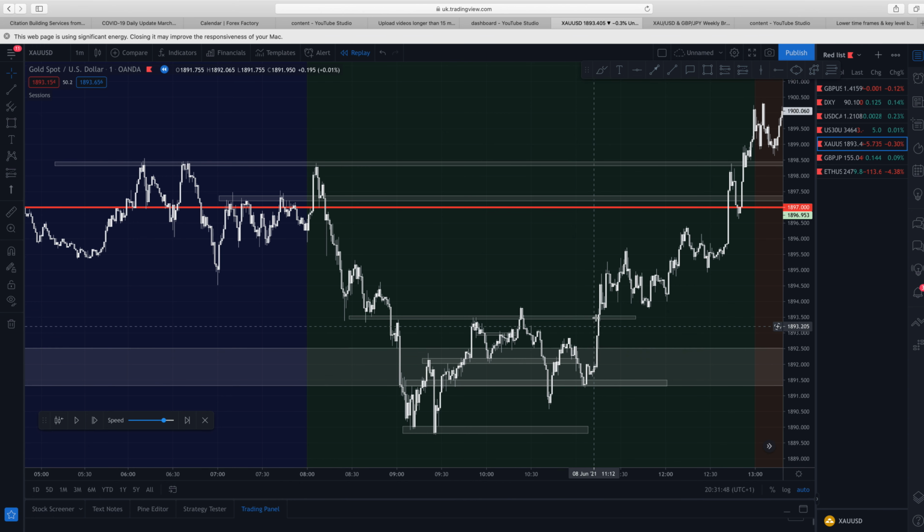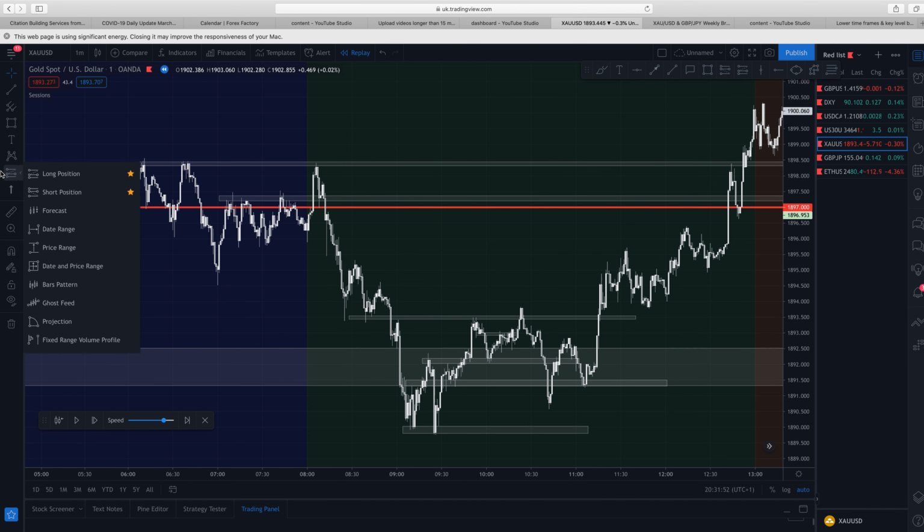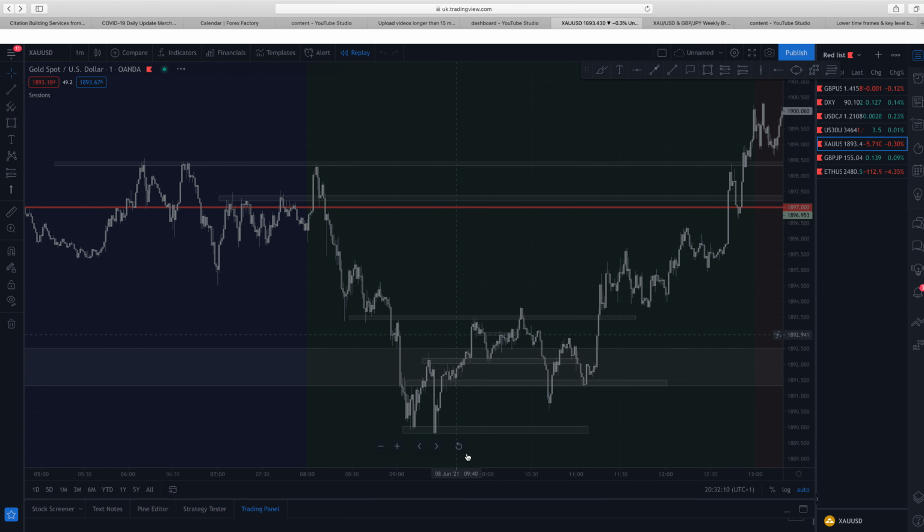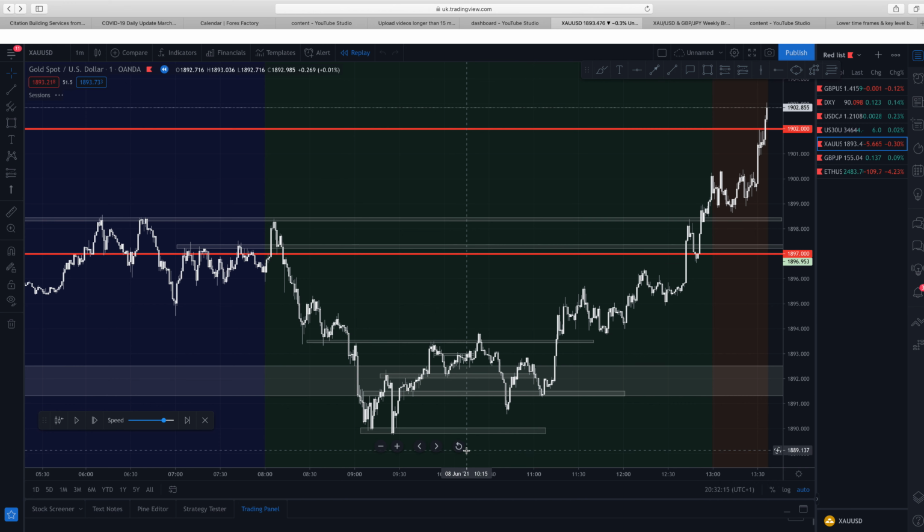Bullish market structure, and then again your safe buys would have been when you have a strong convincing close above here, close above sensitive price area.